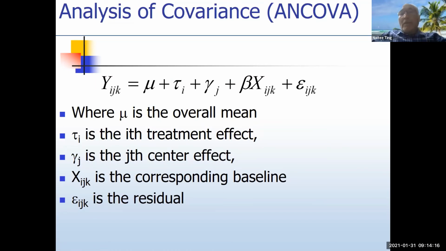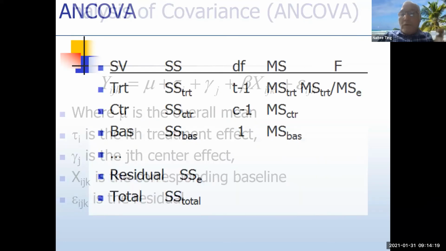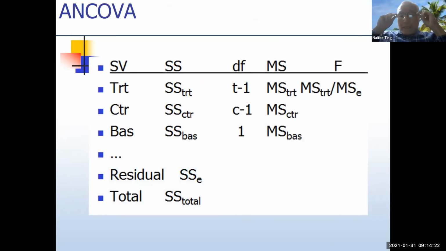Let me give you an example. Nowadays, many trials are still doing block randomization, and you ship drugs based on block. Then you're justified to have center effect in the model, because you stratify by center. But many trials do not include center in the model for the analysis, which is okay. Why? Because oftentimes the amount of sum of squares taken away by center is not that much.